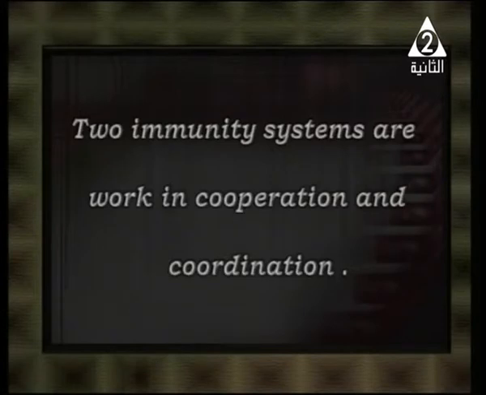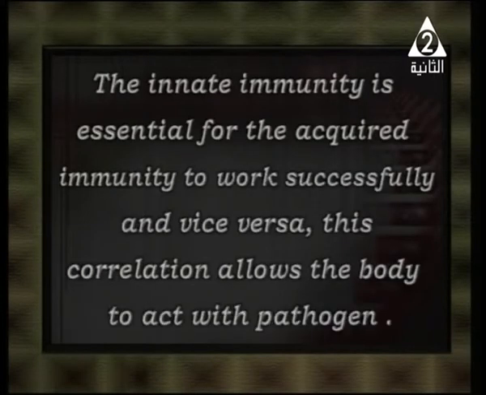The two immunity systems inside the living organism's body work in cooperation, I mean they work together, in coordination. The innate system is essential for the acquired immunity. Acquired here means to gain the immunity so that it works in a successful way, and also vice versa.